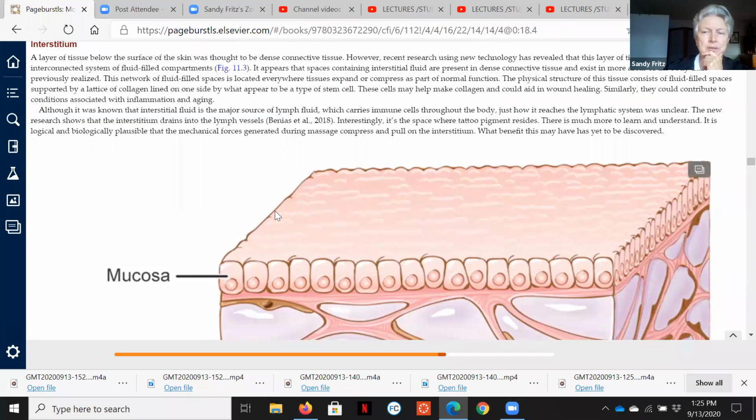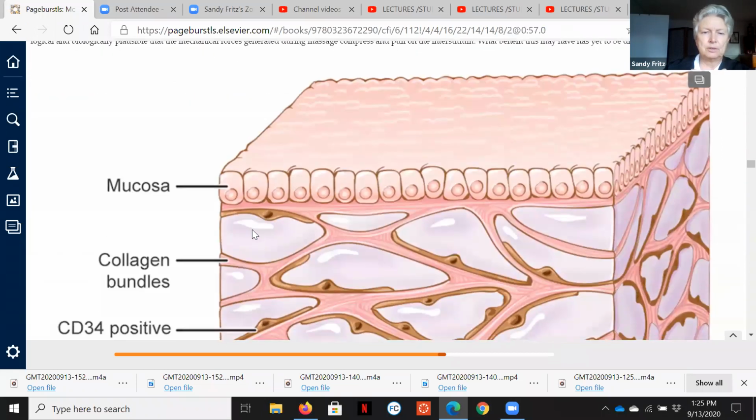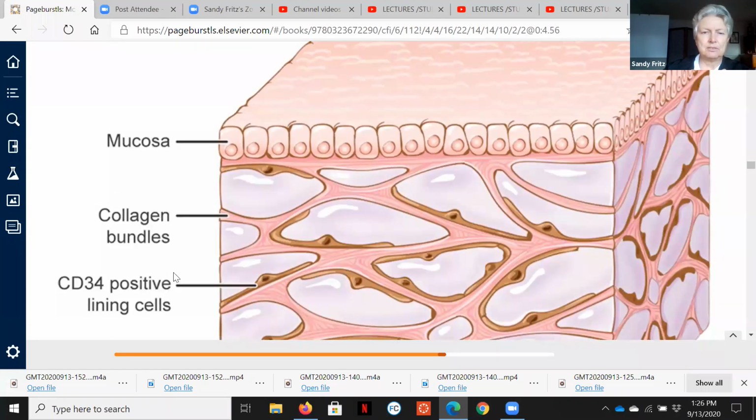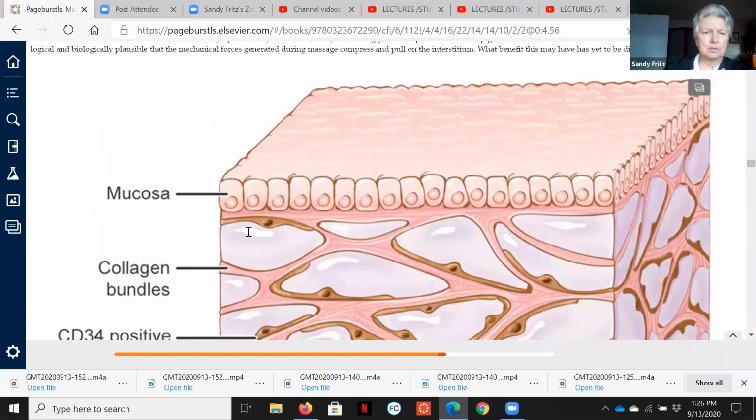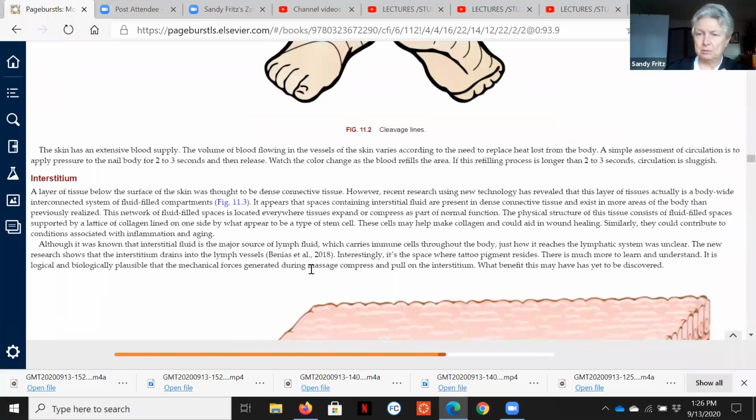Now, just in the last few years, there was this big issue around discovering a new organ, and it was called the Interstitium. There's still discussion about, is it part of the skin and superficial fascia, or is it something separate itself, or what?